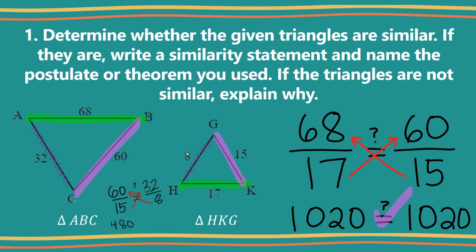And again, I'm putting a little question mark here because I don't know that these are in proportion. I'm checking that right now. So 480. And let's check and make sure, what's 15 times 32? 15 times 32 is also 480. So that checks out. That last smallest side is also in proportion.